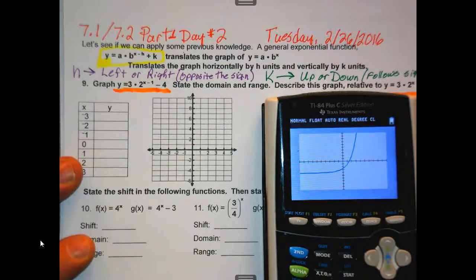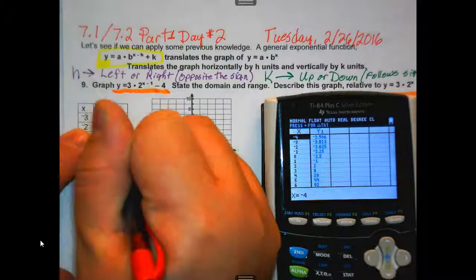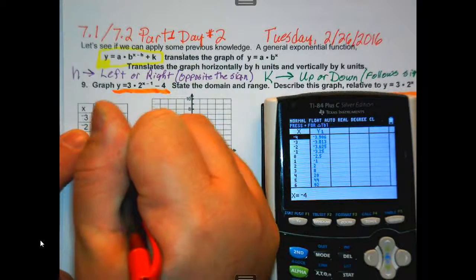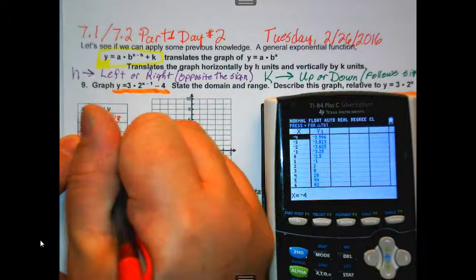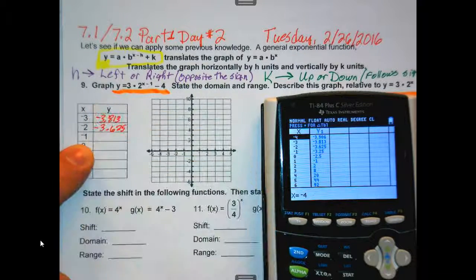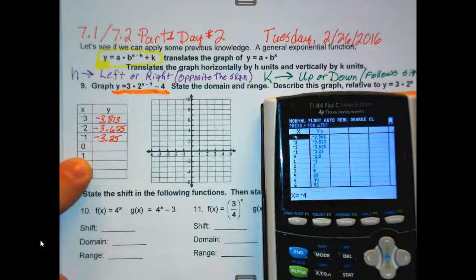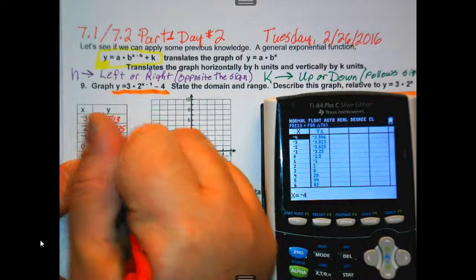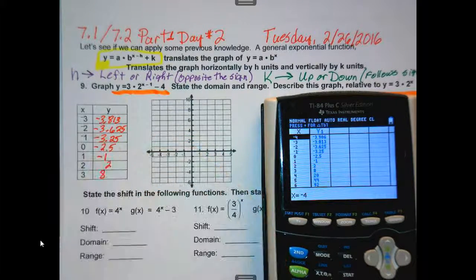Okay, so let's put in our points. Go to second graph, get your chart. Negative 3 is negative 3.813. Negative 2 is negative 3.625. Negative 1 is negative 3 1/4. Zero is negative 2 1/2. 1 is negative 1. 2 is 2 and 3 is 8.